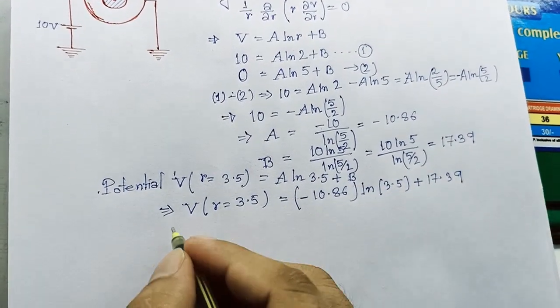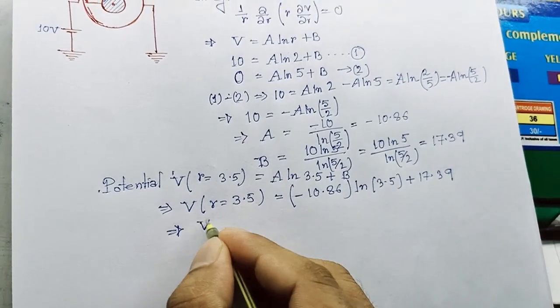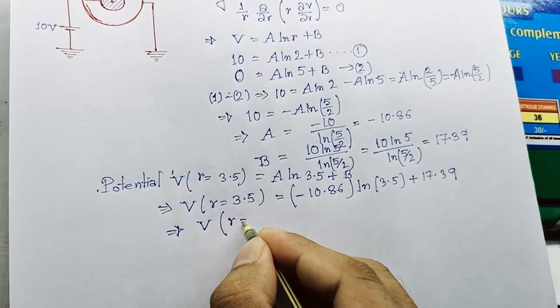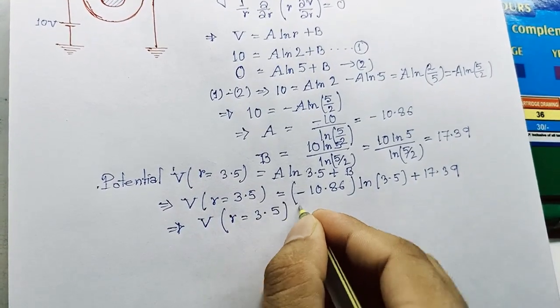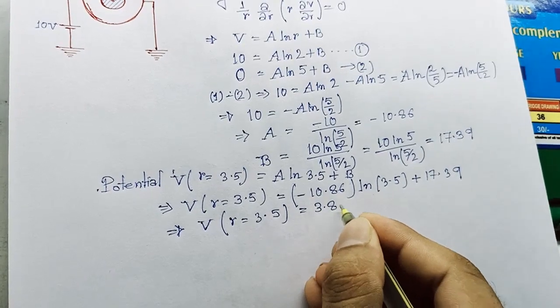If you calculate this value, we'll get the value of V at point R equal to 3.5, which will be equal to 3.8 volt.